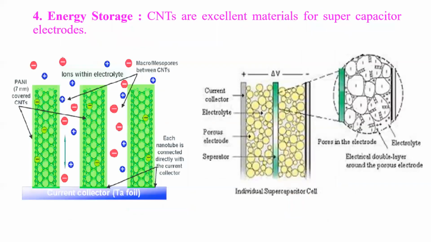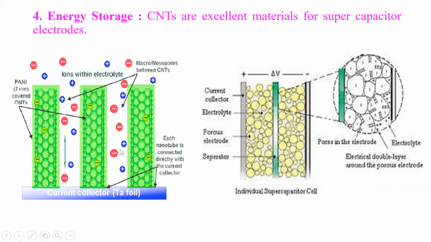And next, when we look at energy storage, carbon nanotubes are excellent materials for supercapacitor electrodes. Here we can see that these carbon nanotubes have high conductivity, so they are directly connected to the current collector. At this place, carbon nanotubes are connected, and also there are macro or meso pores between CNTs.